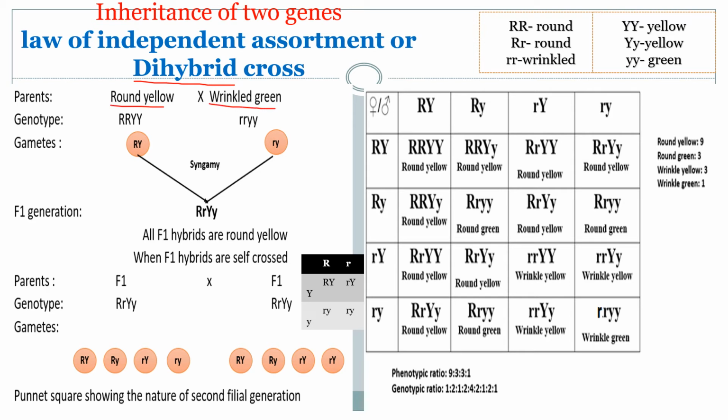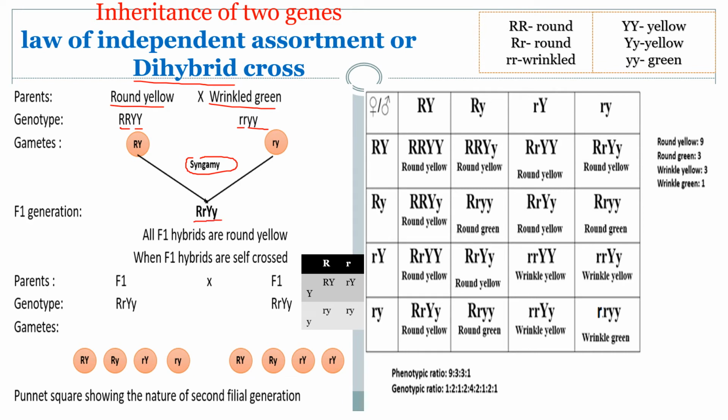Round yellow can be written in the genotype as capital R and capital Y, and wrinkled green as small r and small y. During the production of gametes, this can be written as capital R Y and this as small r y. And during syngamy or fertilization, it produces capital R small r, capital Y small y.